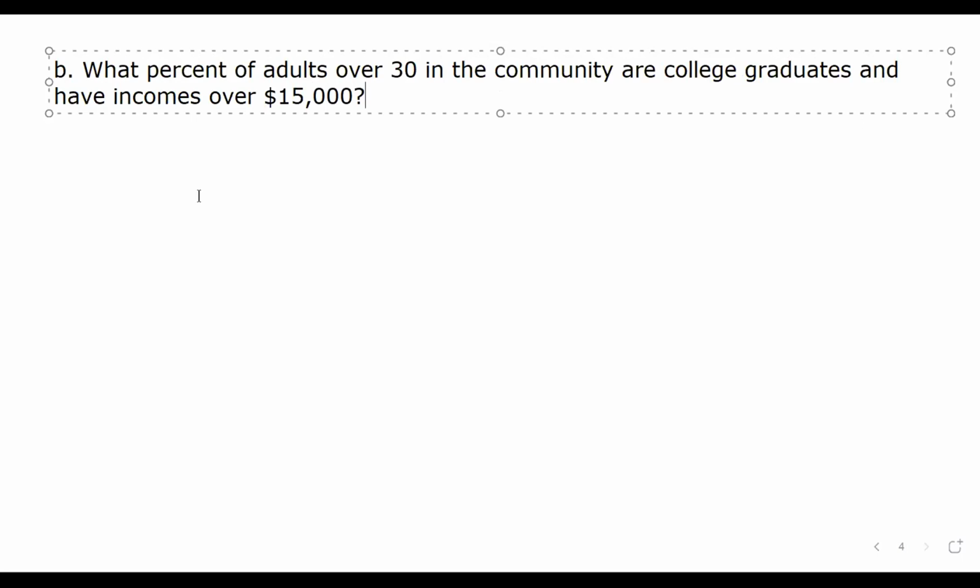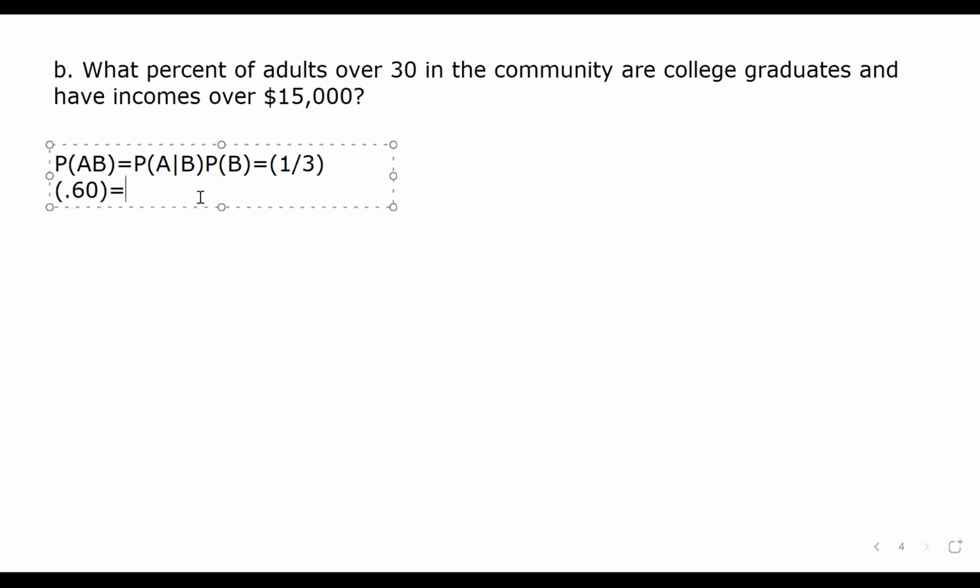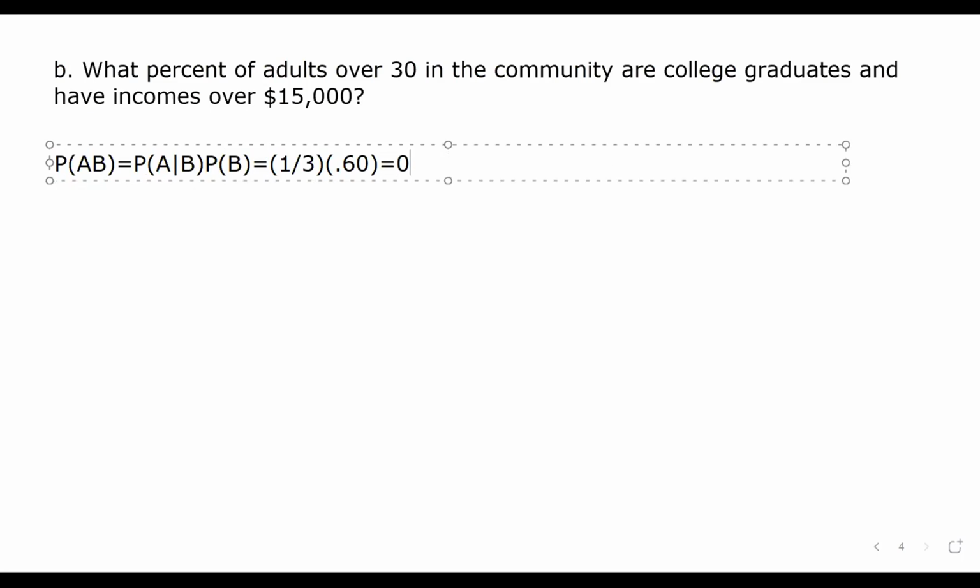Okay, and so the probability of AB is equal to the probability of A given B times the probability of B. And so it's just our earlier answer times the probability of B. And so then that is equal to 0.20, which is 20%.